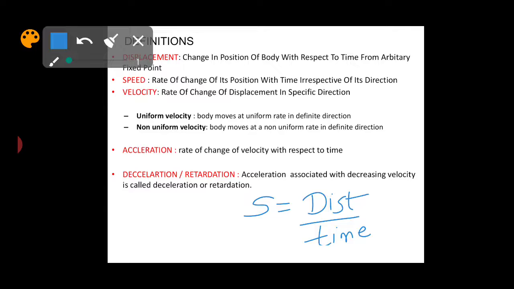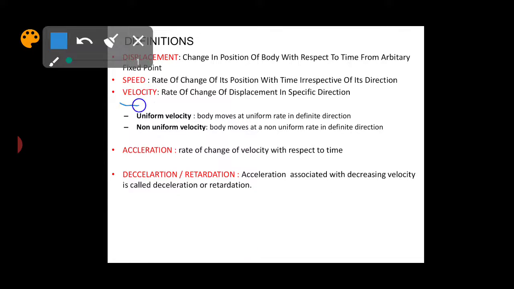Speed is a scalar quantity. The unit of speed is meter per second, or is given as kilometer per hour. So I request all the students to please note down the things what are being scribbled on the screen so that it will be easy for you to remember.